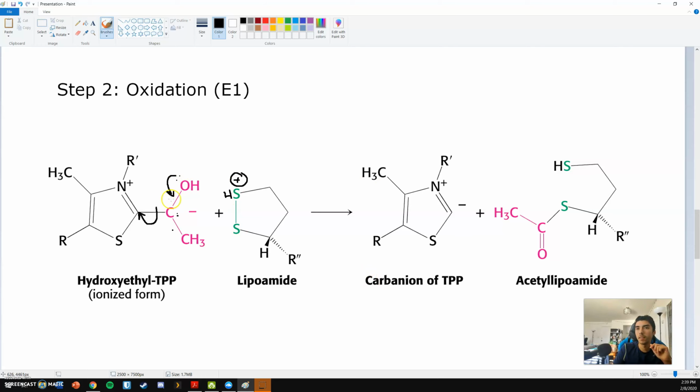But going back to this portion, the lone pair on the carbanion carbon will attack that sulfur. And so this bond breaks and we get the electrons neutralizing that sulfur, and this combines with that. So as a result, we get this acetyl lipoamide. So that's oxidation.